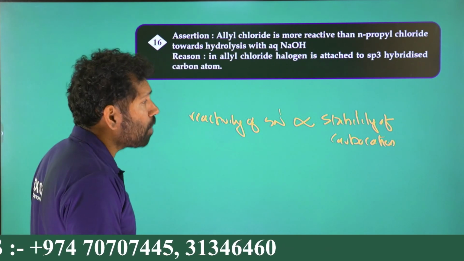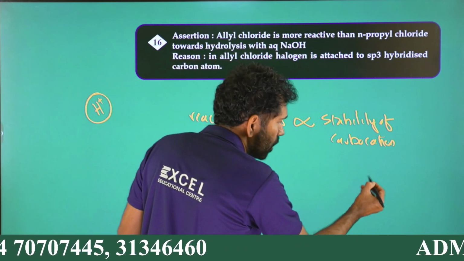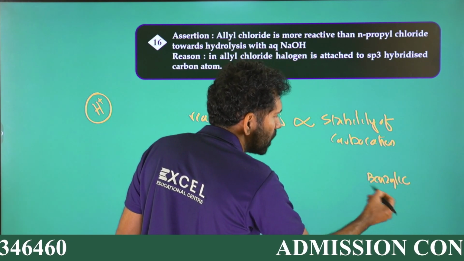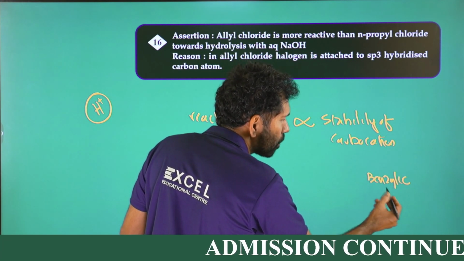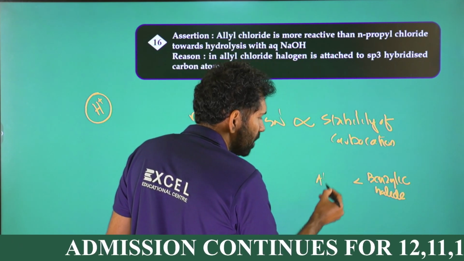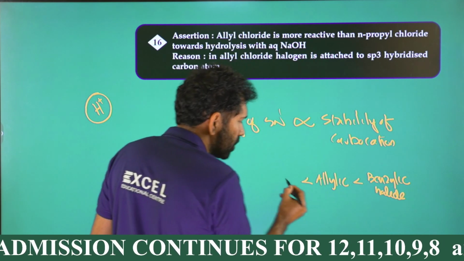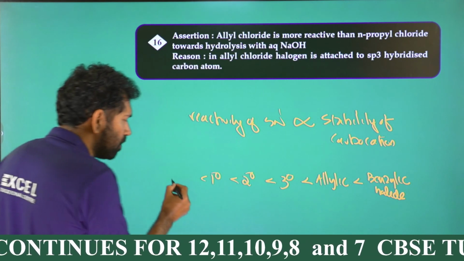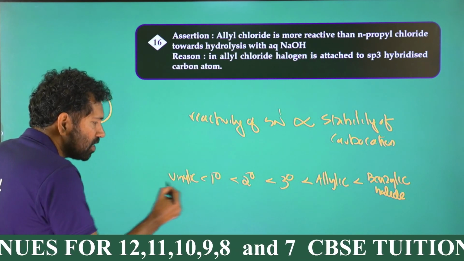The maximum stable carbocation is benzylic. Benzylic halides are more reactive, as the benzylic carbocation is more stable. Then allylic, then tertiary, then secondary, then primary, then vinylic, then aryl.